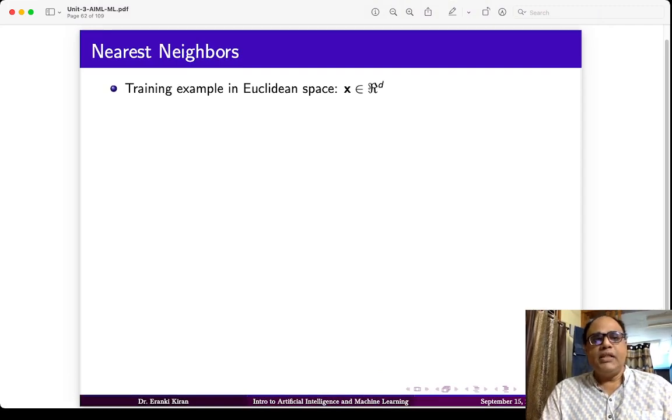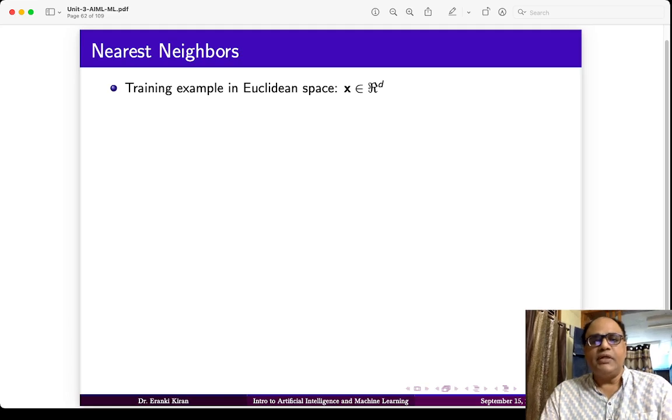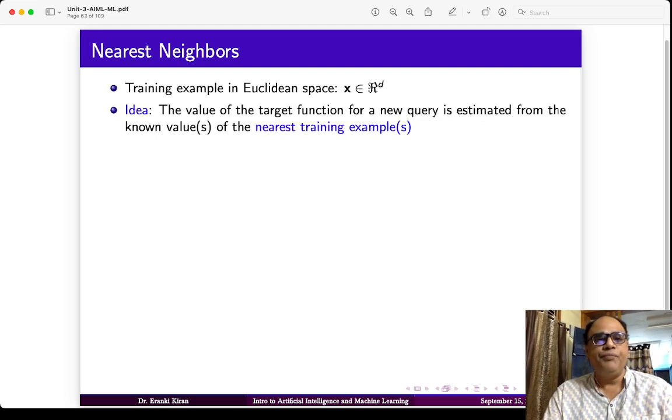So what is this k nearest neighbor? What does the k actually stand for? K means the number of neighbors that you are going to consider for your classification problem. Trying an example in Euclidean space, if you consider X belonging to a set of data in a Euclidean space, the idea is that the value of the target function for a new query is estimated from the known values of the nearest training examples.